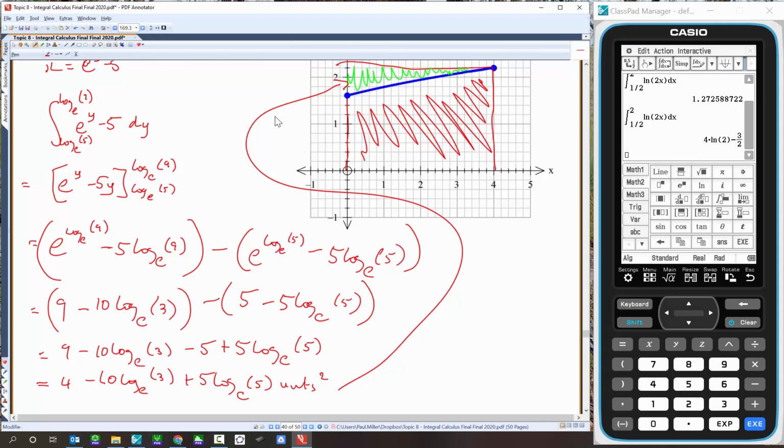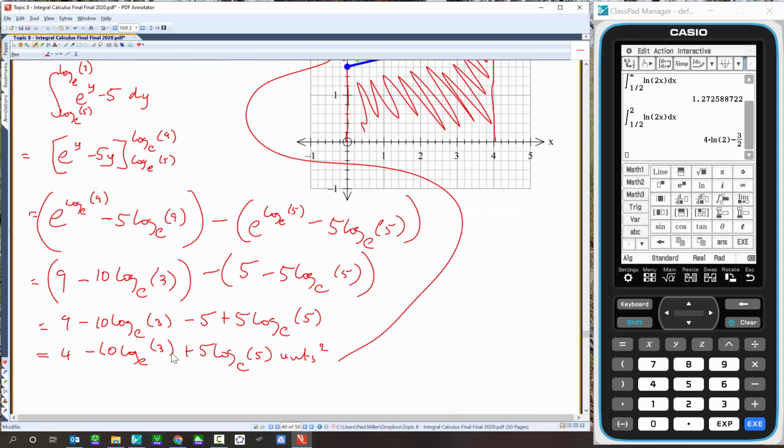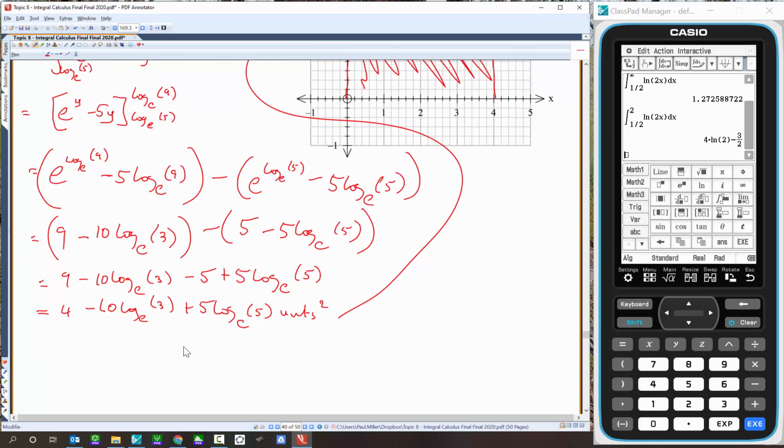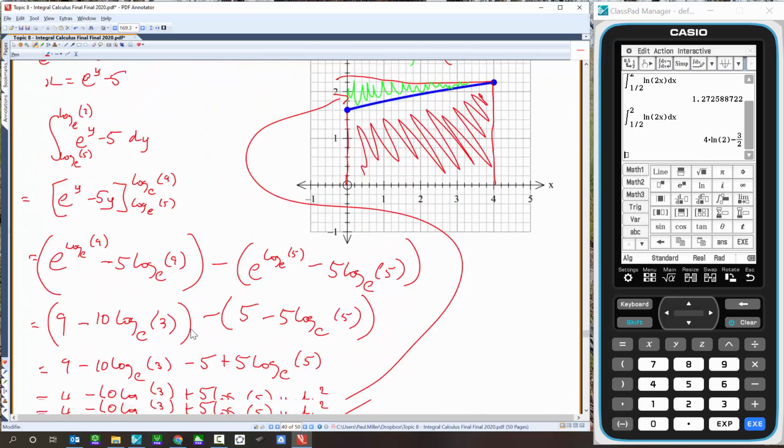That's that area there. Okay, so what I'm going to do now is grab this area of rectangle over here and remove the area of the part I integrated on y. So I'm going to say that this is, what was it, 8 log e 3.